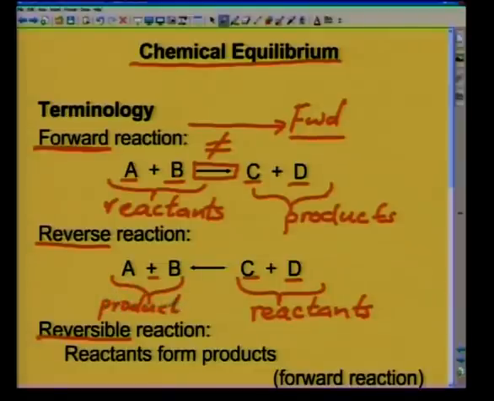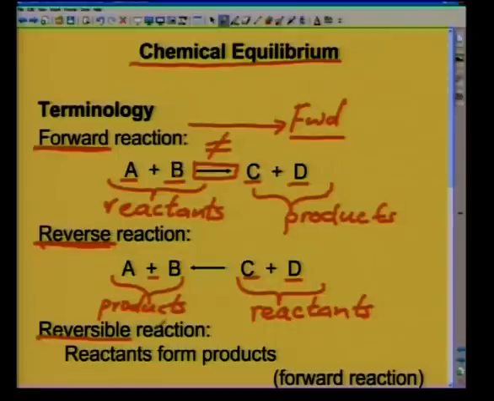Now, because A and B giving us C and D is seen as the forward reaction, then C and D reacting to give us back A and B would be referred to as the reverse reaction.